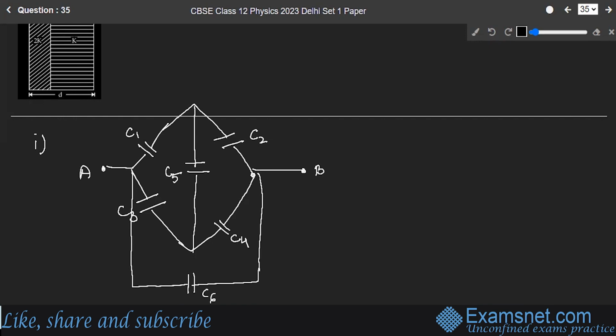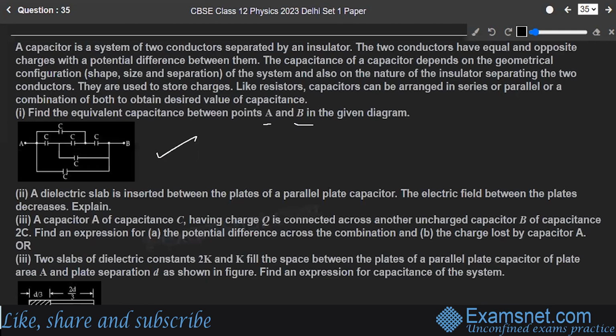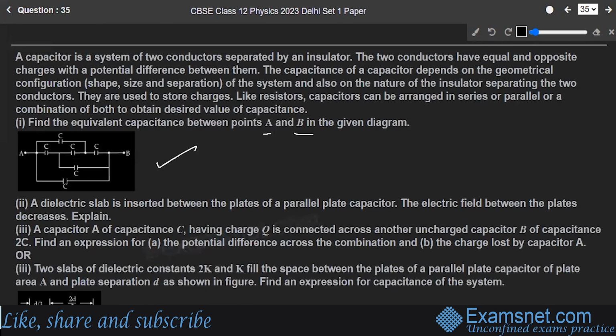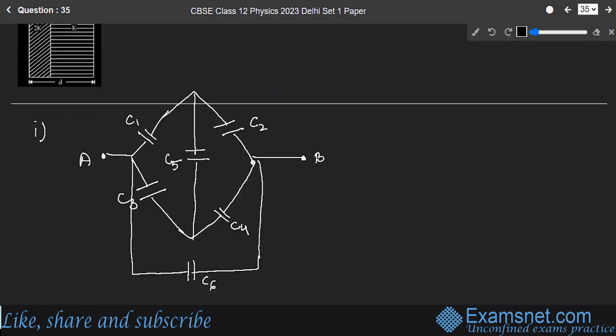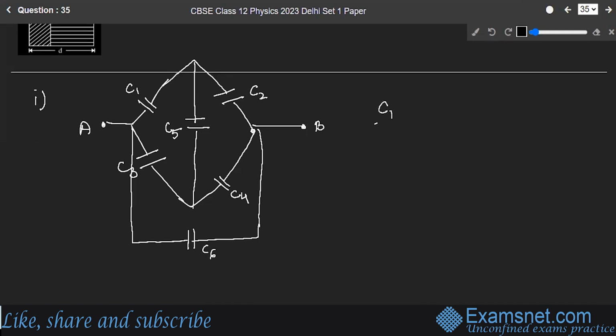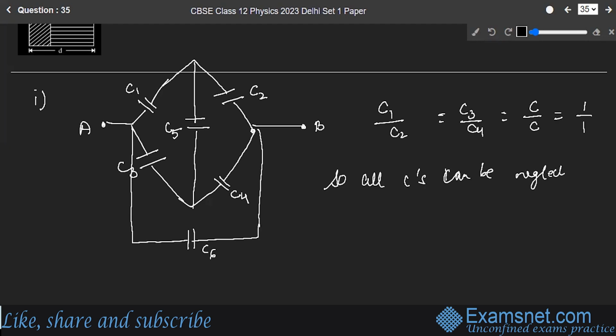Okay, now let's check. You have to find the equivalent capacitance. All right. So from here, you have C1 upon C2 is equal to C3 upon C4. That is equal to, let's say, C upon C or 1 upon 1. All C can be neglected. See, here was C1, C2, C3, C4.